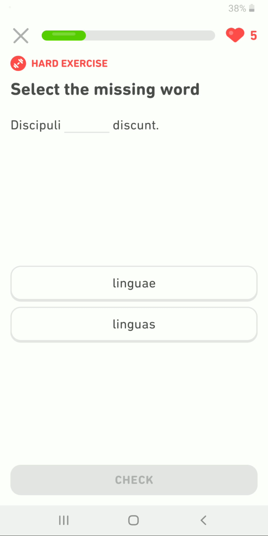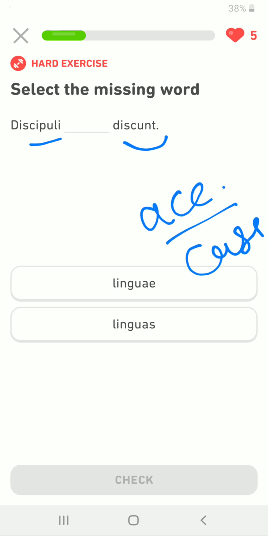What do they learn? So they learn lingua. And therefore it has to be put in accusative case. So what's the form of lingua in accusative case?